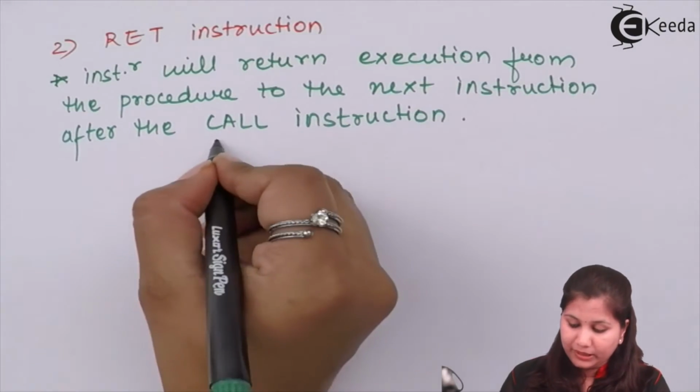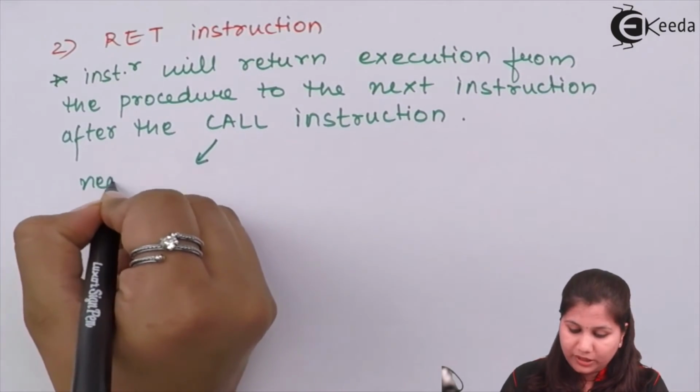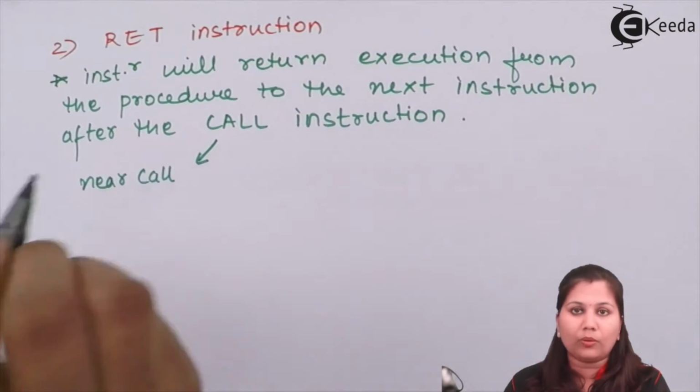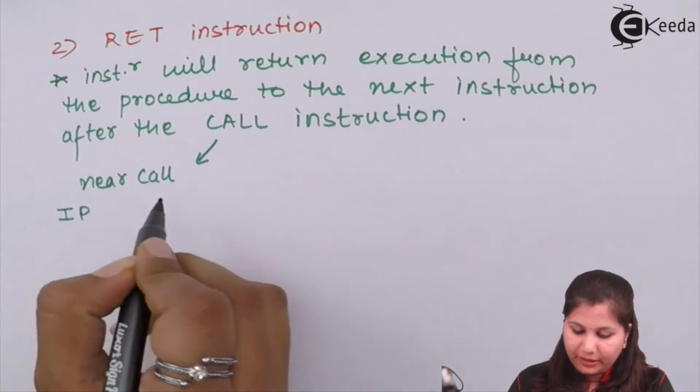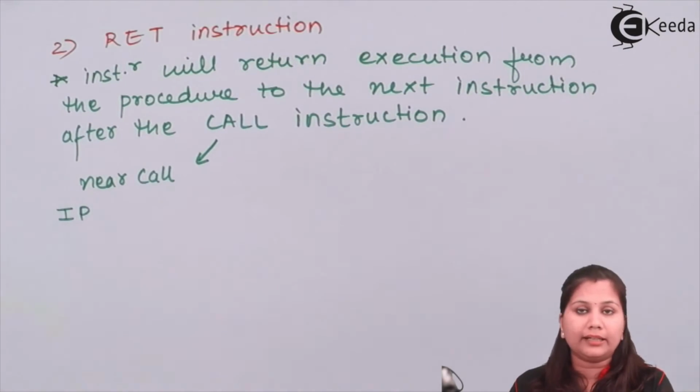Okay, when it was a near call, we only need the offset address, so the instruction pointer is now replaced with the contents stored at the top of the stack.